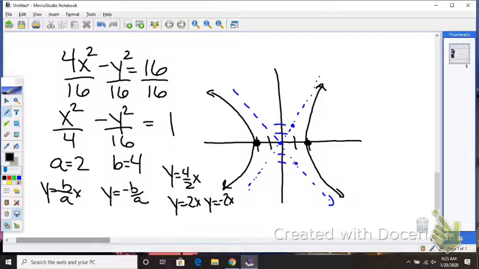So that's the reason for the asymptotes, just to give you a better shape of the graph. I am fine with you guys when I ask you to sketch it, just to sketch and not worry about the asymptotes. But our next example, they give you asymptotes, and you have to work backwards to figure out the A and the B. So that's why I want you to know this relationship here.